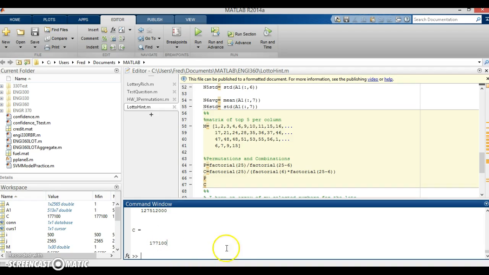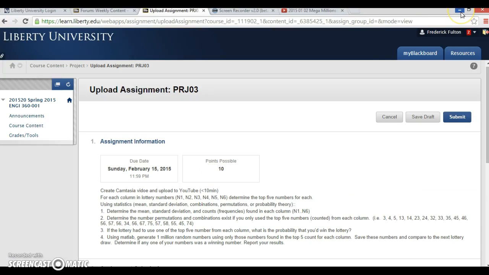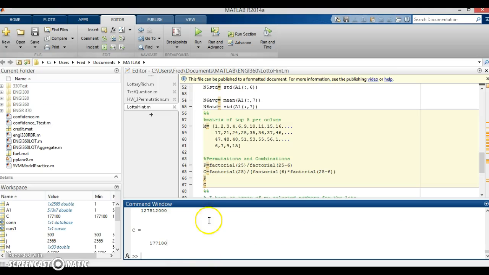So then the next part of the project asks if the lottery had to use one of the top 5 numbers for each column, what is the probability that you'd win the lottery? And so that's just the basic combination problem. What you do is you would take 1 over the combinations for the total, so 1 over C here.